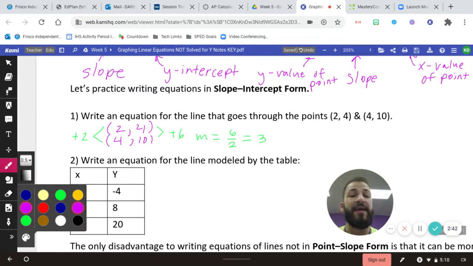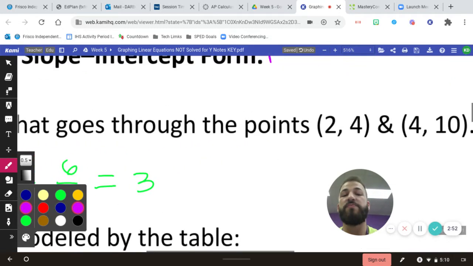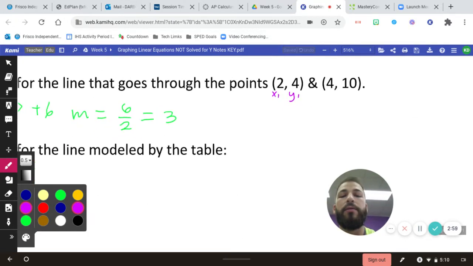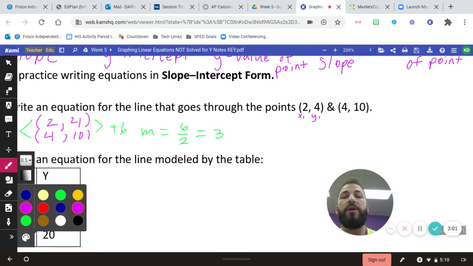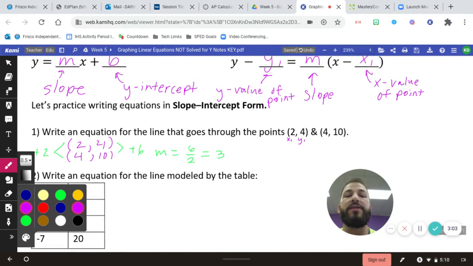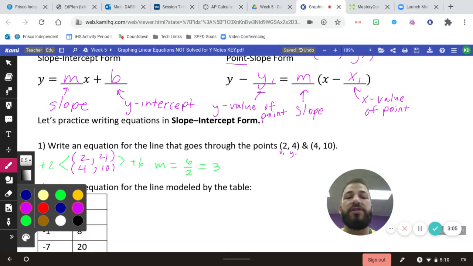The second thing is we just need our point. Now, if you notice, we have 2 points. It doesn't matter which point you choose. Both of them will work. I personally prefer to just pick the first point. Remember, all of our points are (x, y), so this is x1 and y1. Then we plug our slope, our x1 and our y1 into our point-slope equation.